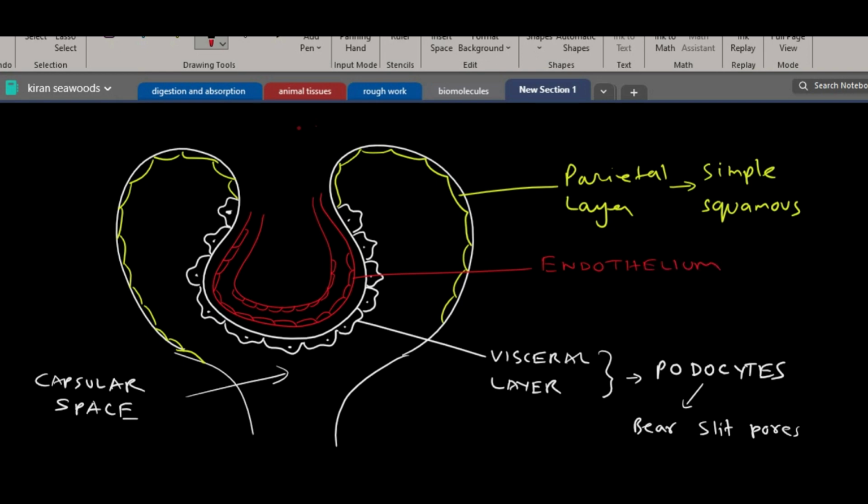So blood, the plasma, is going to cross the endothelium first, then there is one more layer present between the podocyte layer and the endothelium layer, and this layer is called as basement membrane, which is completely intervening between these two layers.